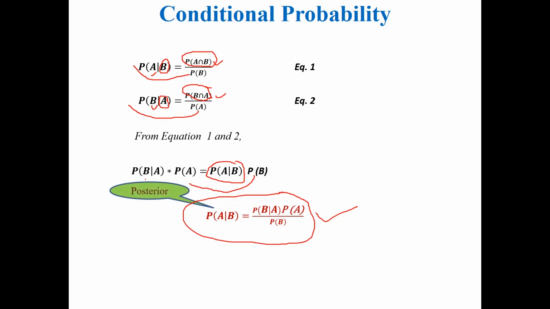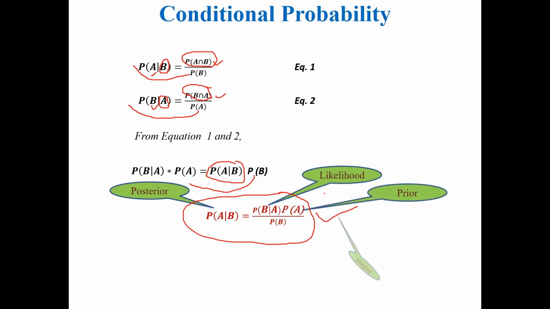In this equation, probability of A given B is called the posterior probability. Then probability of B given A is the likelihood. This is the prior probability, and probability of B is called the marginal probability. These are the frequent terms which we come across: likelihood, prior and marginal probabilities, and this is the posterior probability.